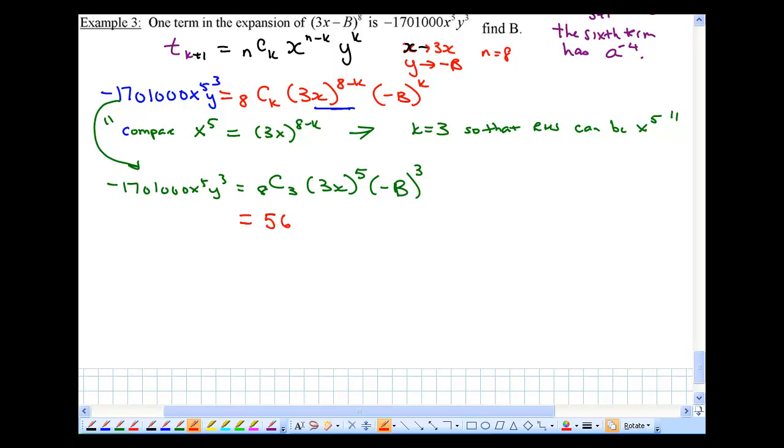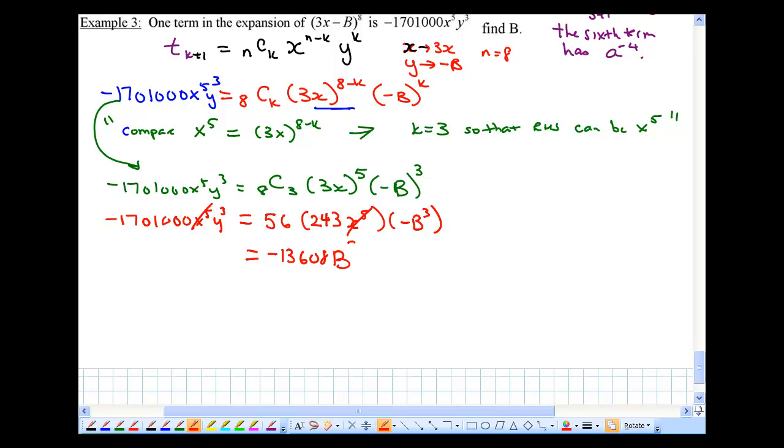Three to the power of 5, that's just 243, so that's 243 x to the power of 5. And this is just negative b cubed. And this is supposed to equal that big ugly number on the left-hand side. Well, it looks like the x to the power of 5's cancel out. 56 times 243 times negative 1 is negative 13,608.